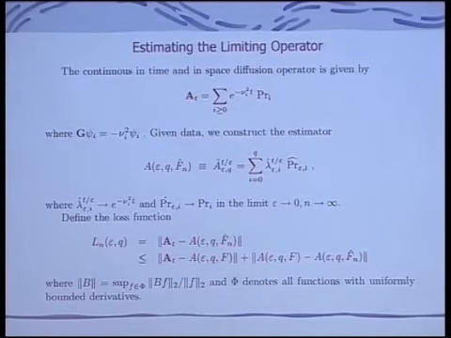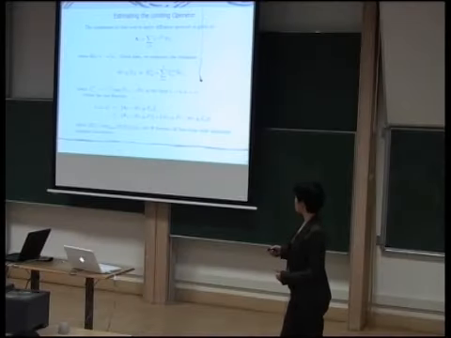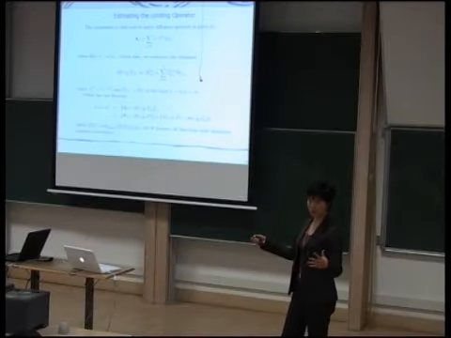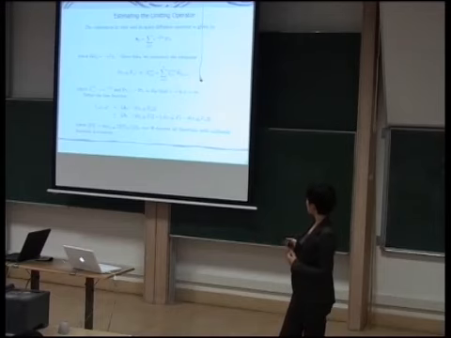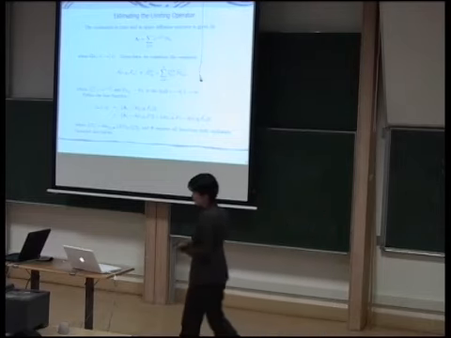Here we've decomposed it in terms of a bias and a variance. In the loss function we're using the operator L2 norm. And as you may guess, the L2 space is too rich a class of functions, so we're going to restrict ourselves to smooth functions, or functions with uniformly bounded derivatives.